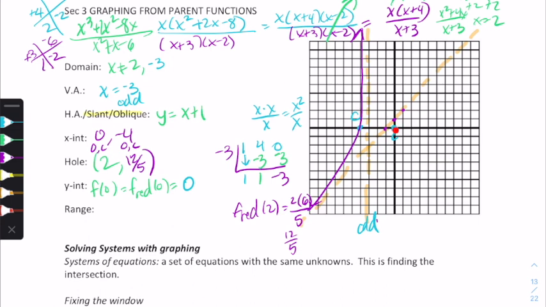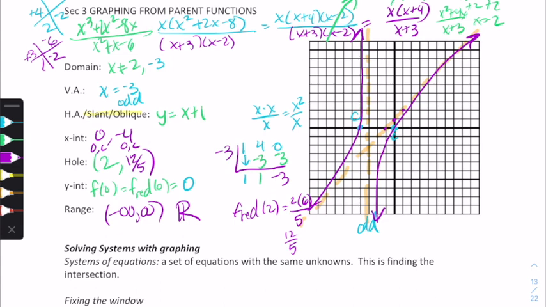Notice I also have this x-intercept and y-intercept. So I'm going to come from here, cross through there, and then just pull towards my slant asymptote. And then our range, notice we're going all the way up, and all the way down, all the way down, all the way up. So our range is -infinity to infinity. Or you could have all real numbers.